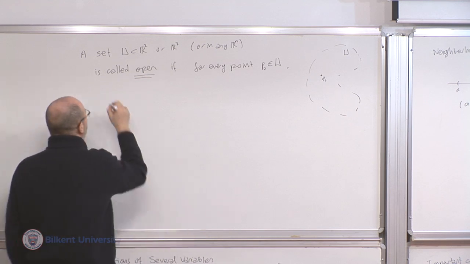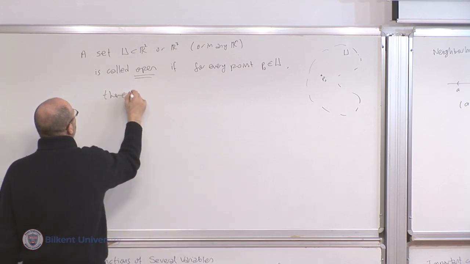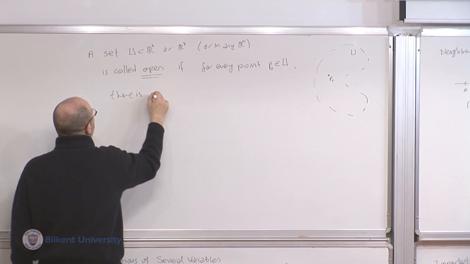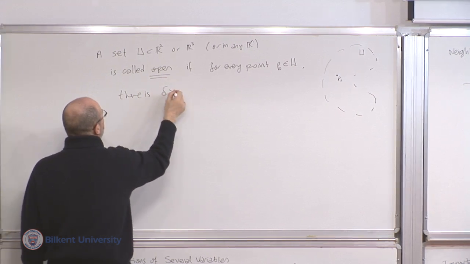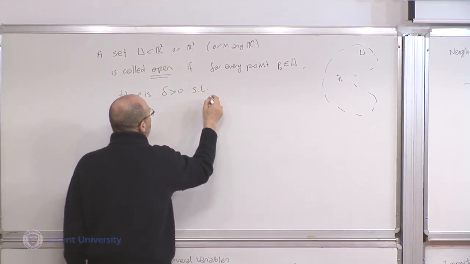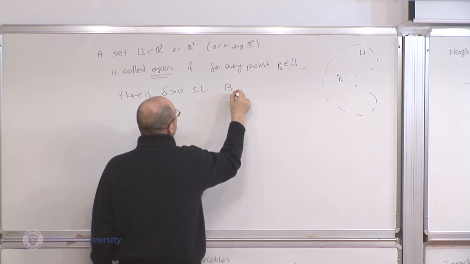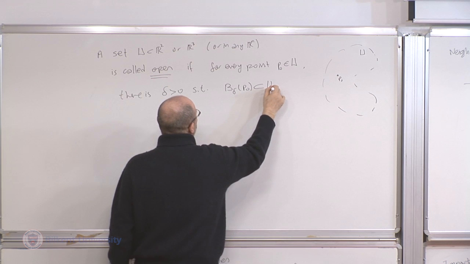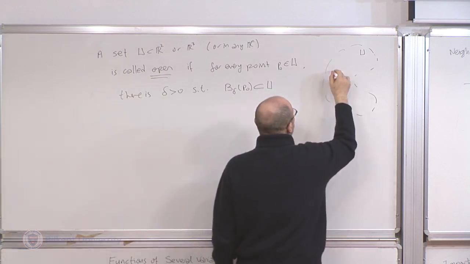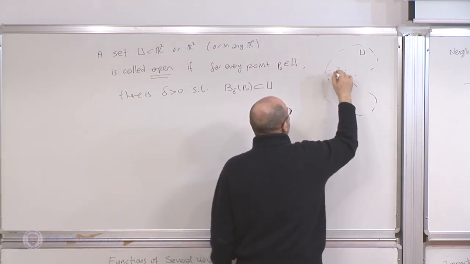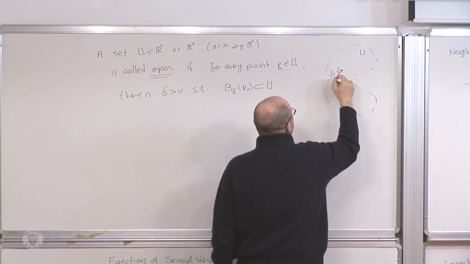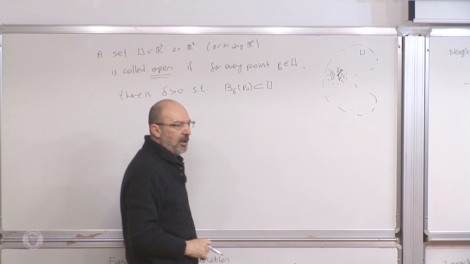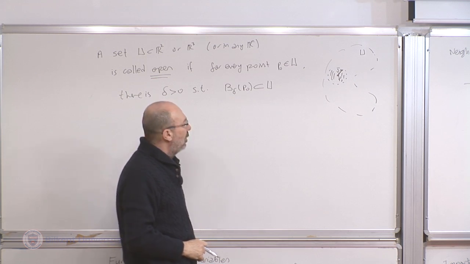For every point here, there is a radius. We don't mention its radius. There is delta positive such that the ball of radius delta centered at p sub 0 totally lies in U. So that means around this I can find a ball like this of radius delta. So this ball totally lies inside the set.